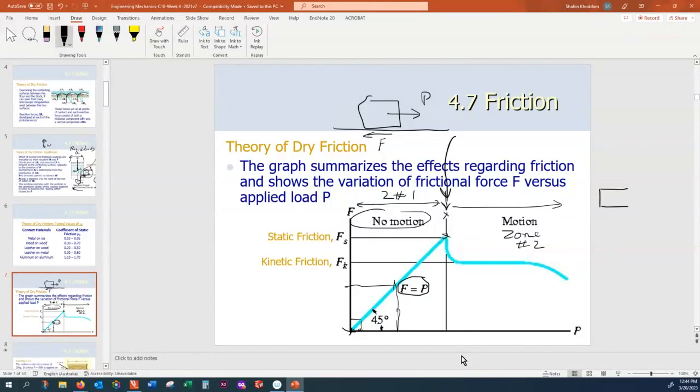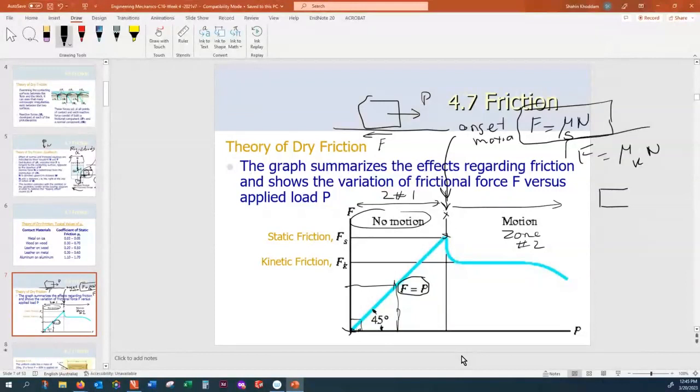Only at this point, I call this the onset or beginning of motion, the friction force is equal to mu s N, where mu s is the static coefficient of friction. Only at this point. If you move to the second zone, the friction force is mu k N, and mu k is also smaller than mu s.